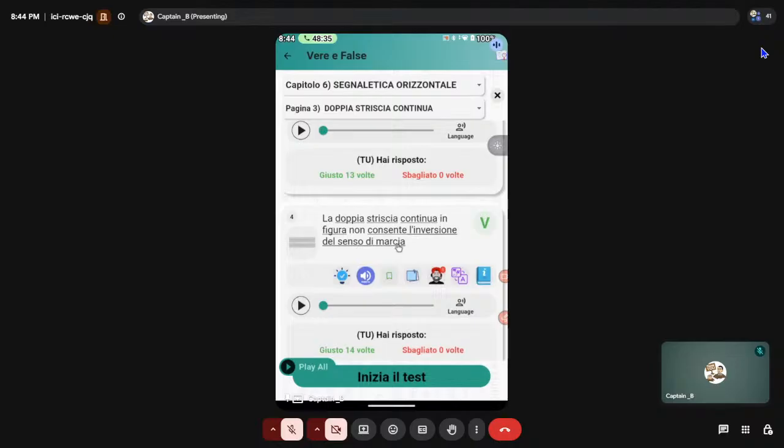So it said this continuous line will not allow you to do reverse of sense of movement. Senso di marcia is doing reverse to the other sense of movement. You can only do it when the line is discontinuous, but when it's continuous, you cannot do it.